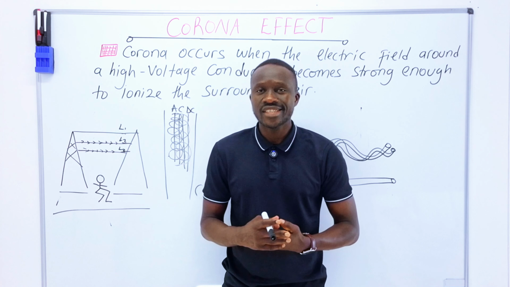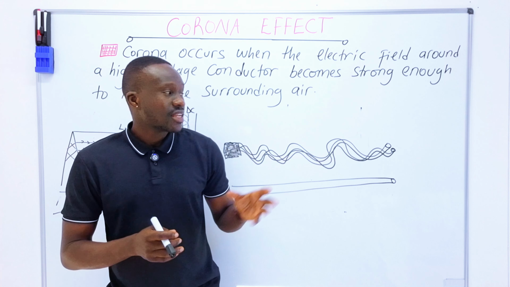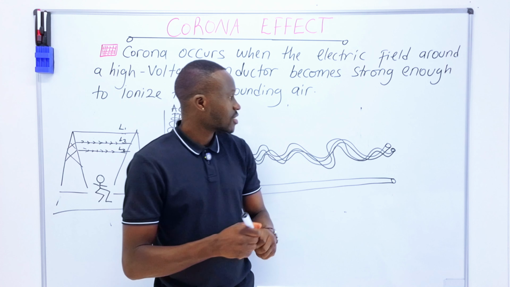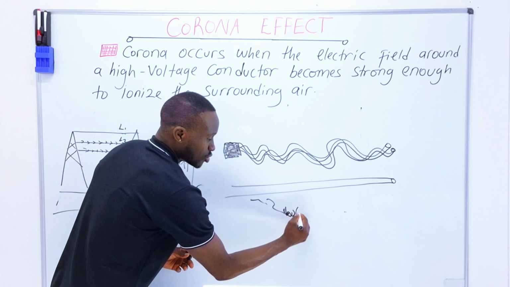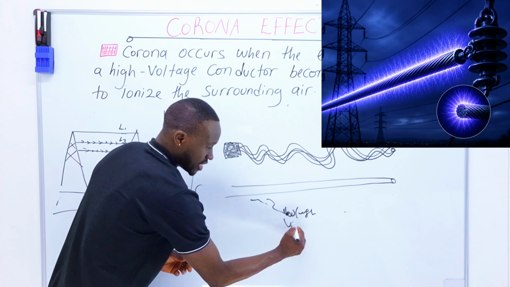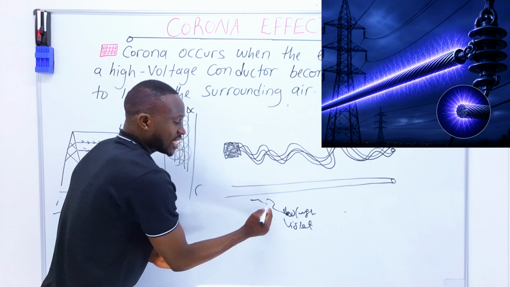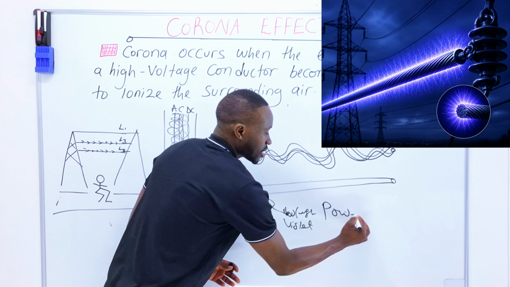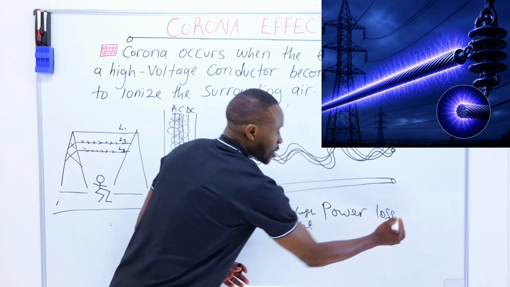One point is it makes the company lose electrical power. You know this bluish or violet color you see, it is power loss. This corona effect brings power loss.